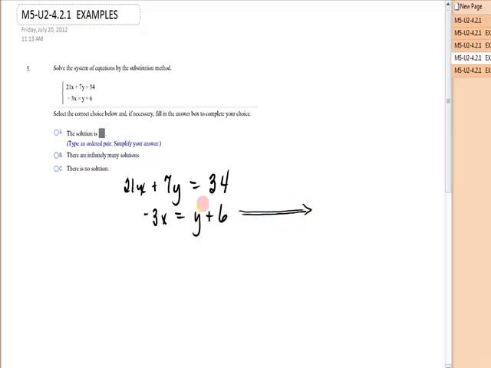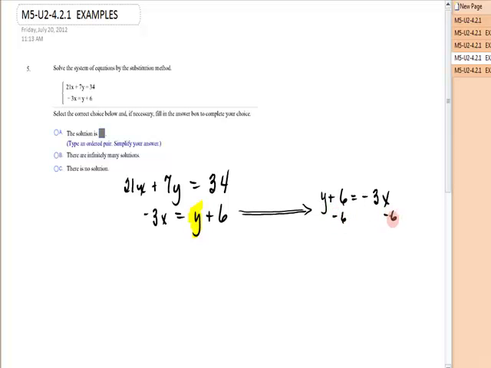And I'll make a little highlight so that you look at this and you know, oh, we're going to solve for this. The first thing I'd like to do, it is not necessary, but I'm going to turn it around as y plus 6 is equal to negative 3x, because I like what I'm solving for to be on the left sometimes.